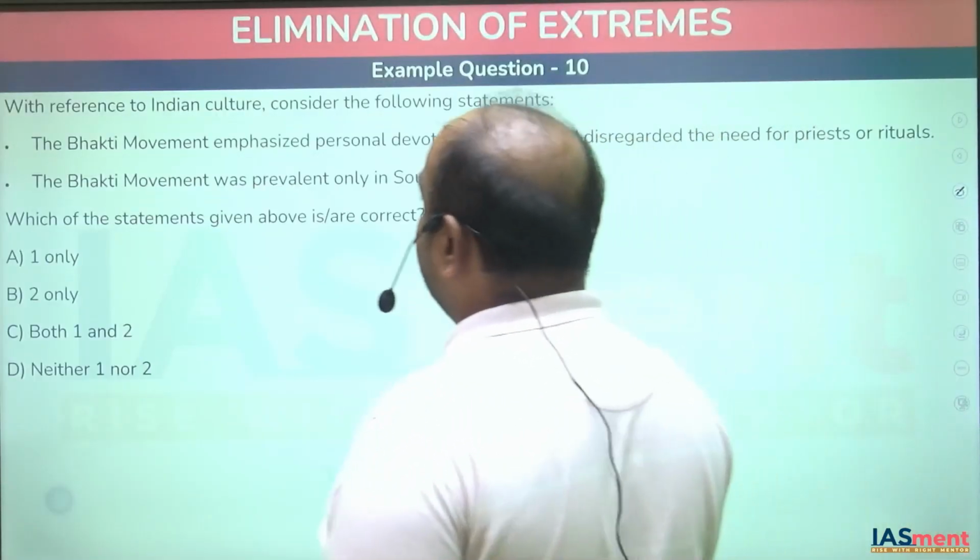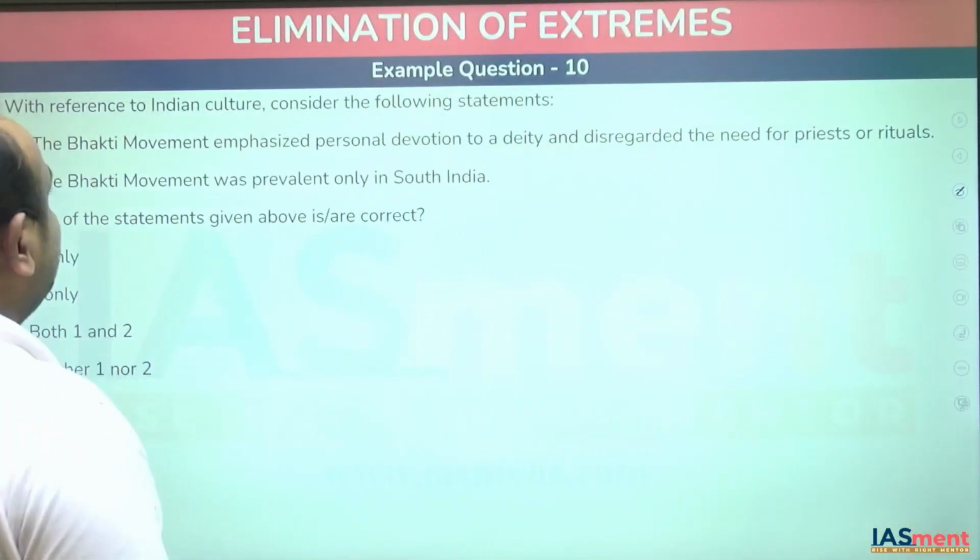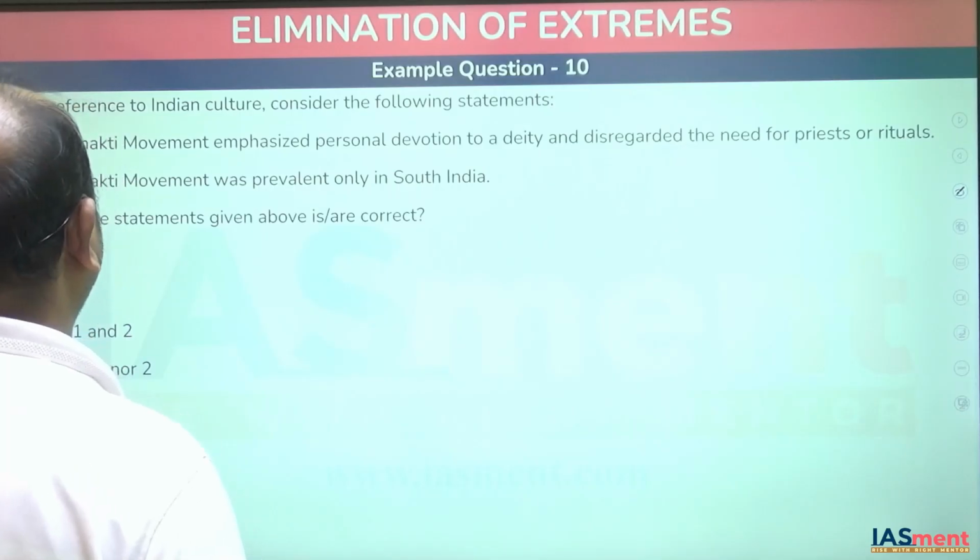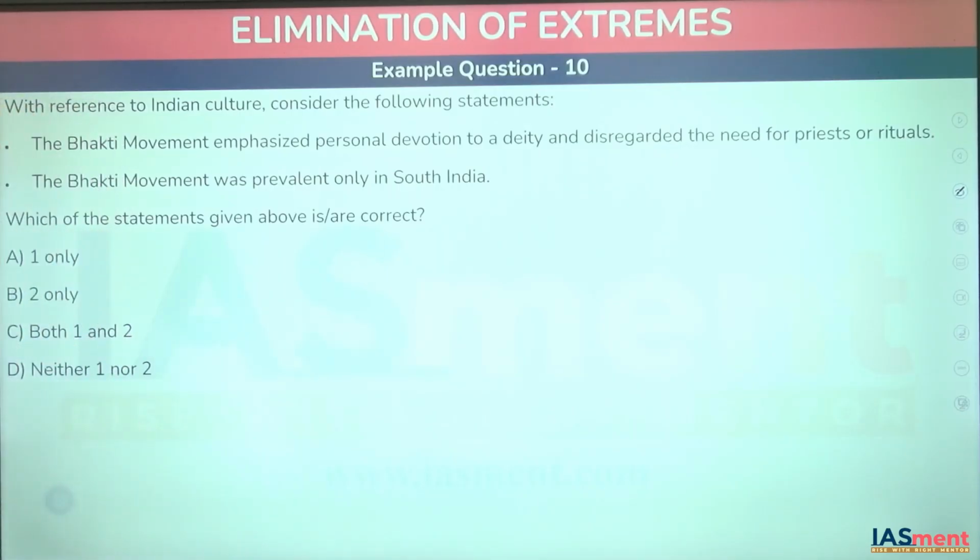Next question. With reference to Indian culture, consider the following statements. Bhakti movement emphasized personal devotion to a deity and disregarded the need for priest or rituals. Bhakti movement was prevalent in South India.